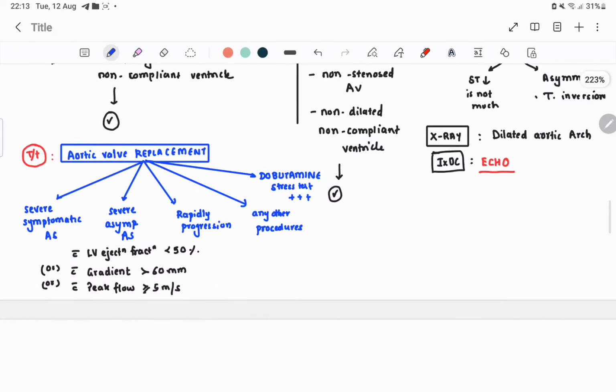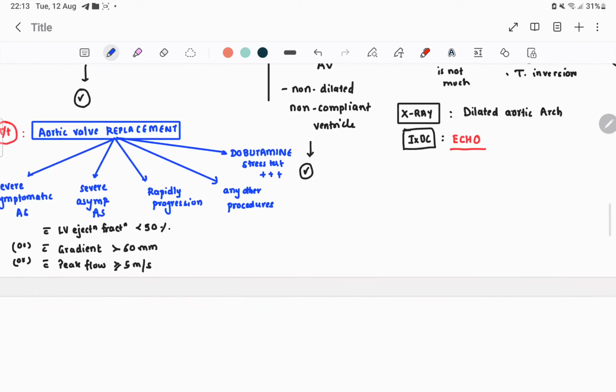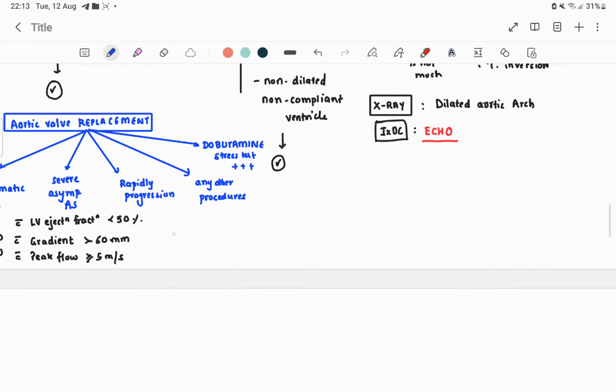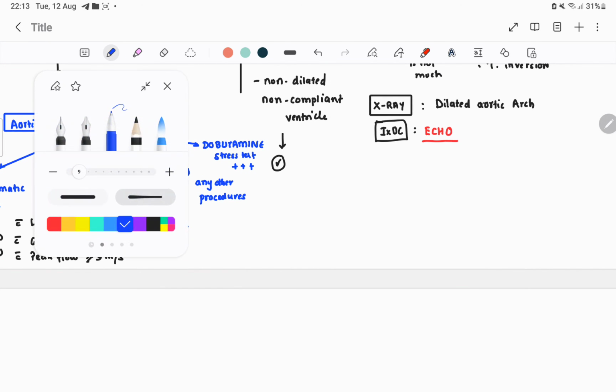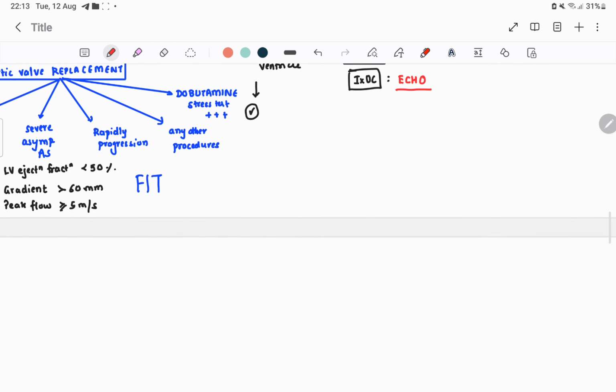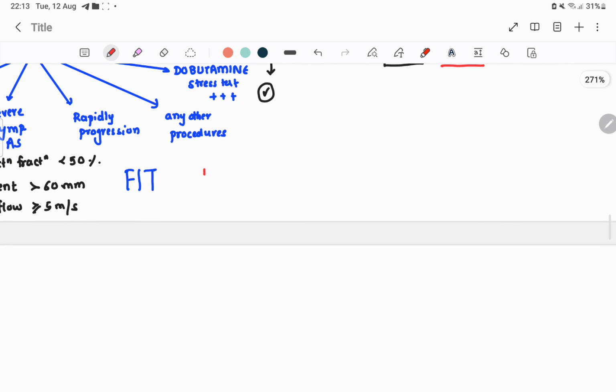So these are the conditions in which aortic valve replacement is done. But the problem is that the patient must be fit. In many cases, as it is associated with atherosclerosis, the patient will be elderly. So in elderly patients, you can't do this.